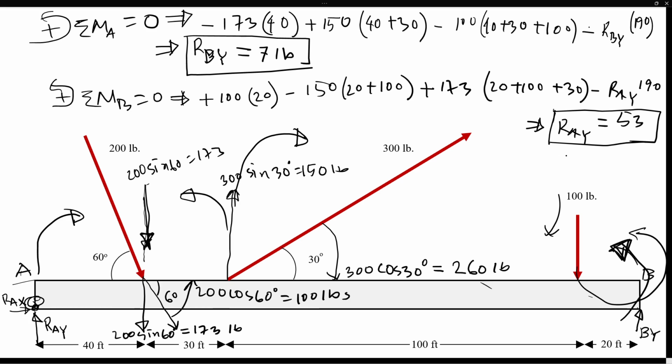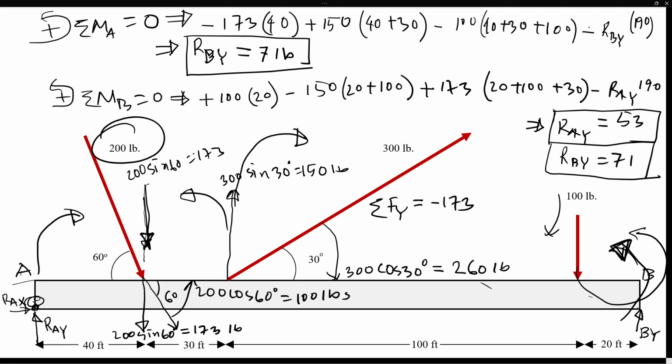So at A we found 53, at B we found 71. Now if we sum these two together, they should be equal to the resultant in the y direction. So let's check that. The summation of y is negative 173 coming from that 200 pounds, and then positive 150, and then minus this 100 downward, which is negative.